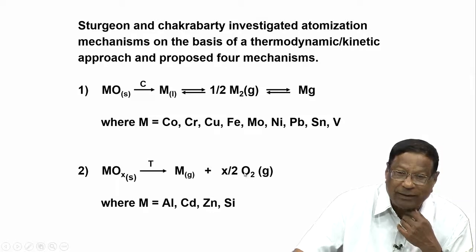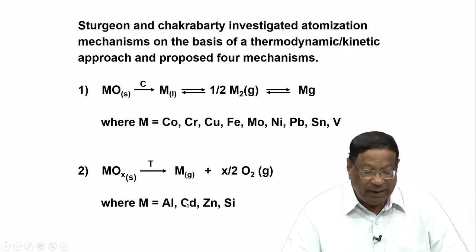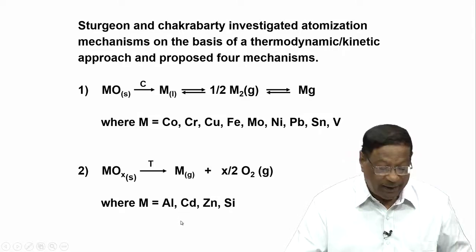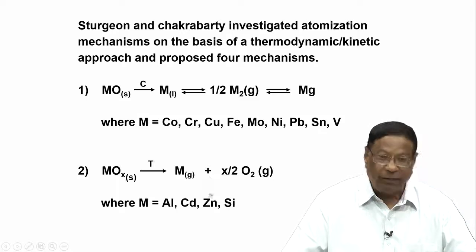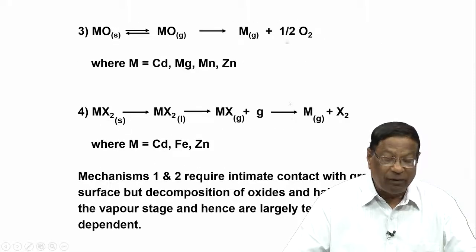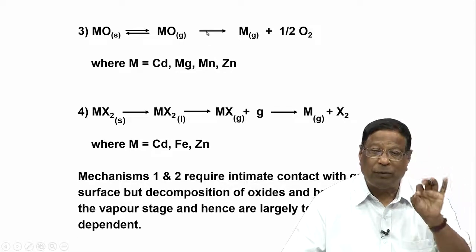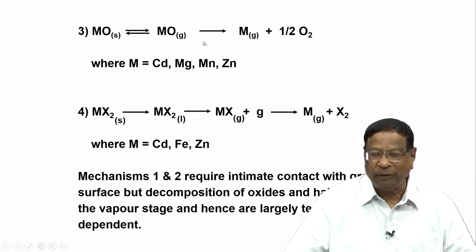Here it is releasing the oxygen. So, this kind of mechanism is prevalent for samples containing aluminum, cadmium, zinc and silicon. So, different mechanisms they have studied, and I think it is good for us to know the different ways in which metal is generated inside the graphite tube, on the platform or on the graphite tube surface.